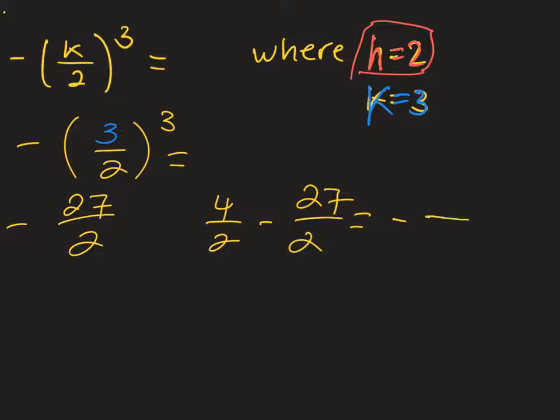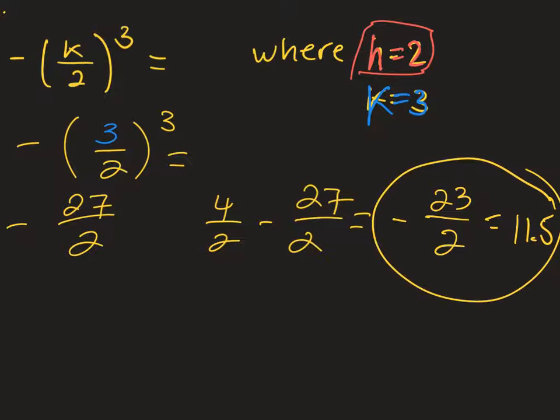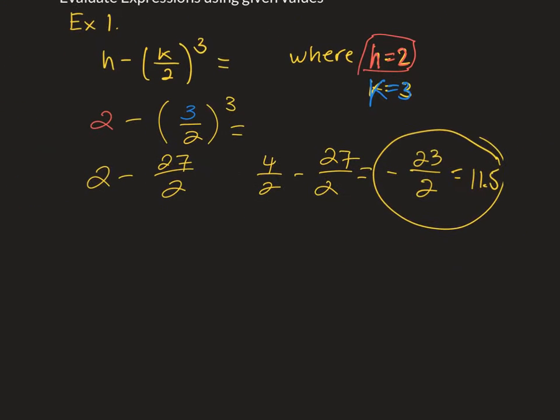So it's 27 minus 4 is 23 over 2, which if you want to put it in decimal form, 23 divided by 2 is 11.5. So your answer is negative 23 over 2, or negative 11.5.